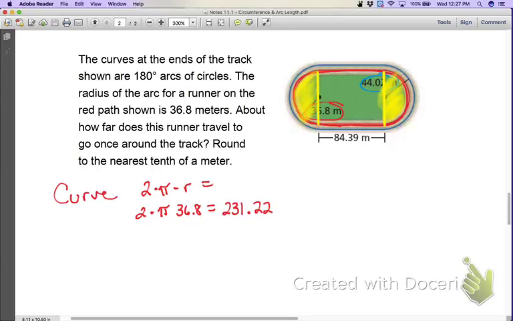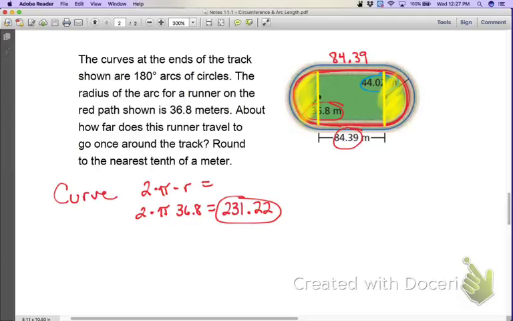Now, it wants to know about one full lap. So did they go 231.22 meters? No, how far did they go, or what else do I need to do? 84.39, right? This value? Do I just do it once? No, it's also up here at 84.39.